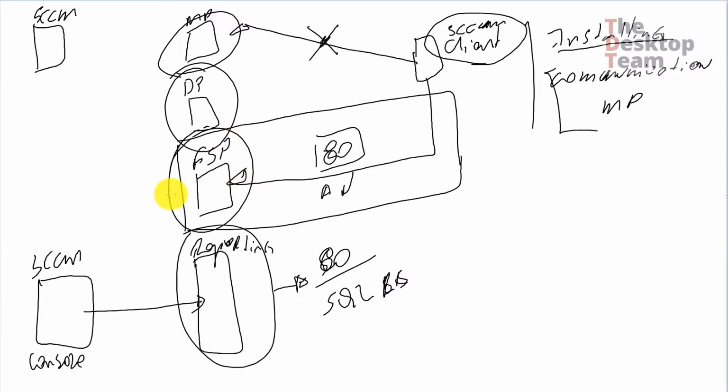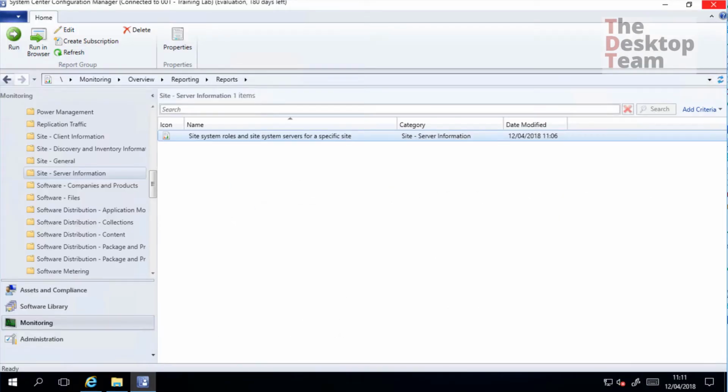Then we have the fallback status point, the distribution point and the management point. So the back-end infrastructure in terms of roles is completed. So this is the basic. There is still a lot more for us to configure before we go for the first client, and we will continue configuring on the next one. Hope you like this video. See you on the next one.